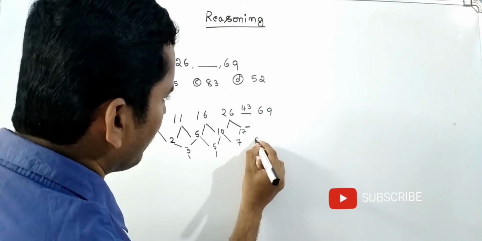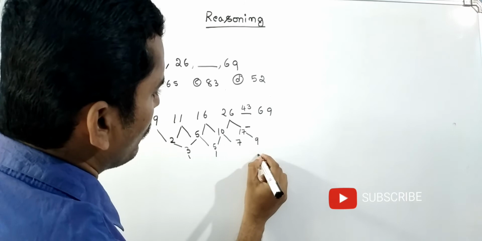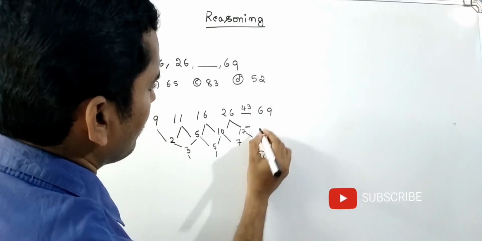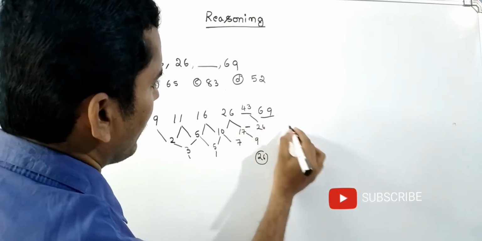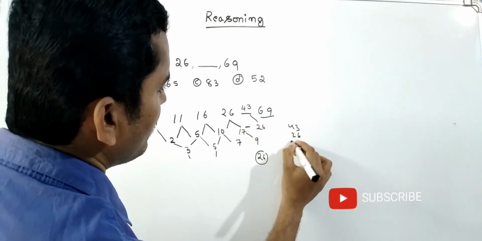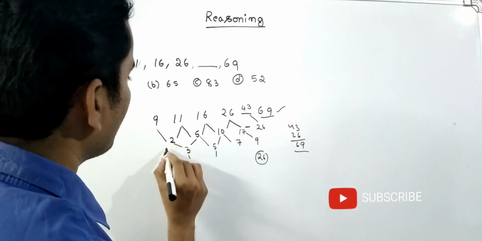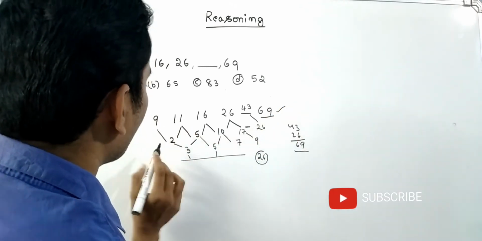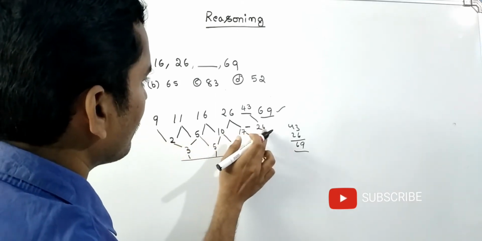Then 3, 5, 7. Next what will come? 9. Then 17 plus 9, how much? 26. Here 26. That means 43 plus 26 should be 69. 43 plus 26, how much? 69. Then this is the correct series. The first differences are 2, 5, 10, 17.